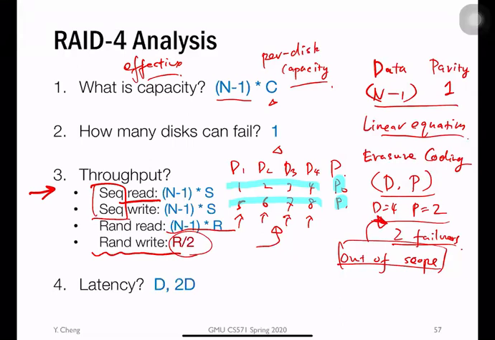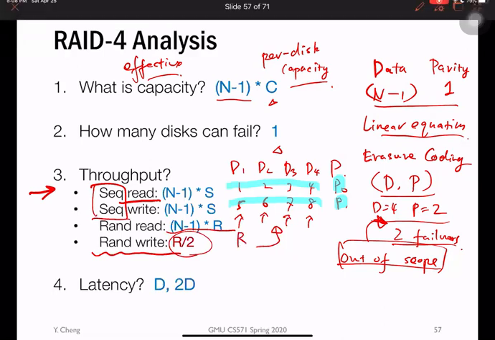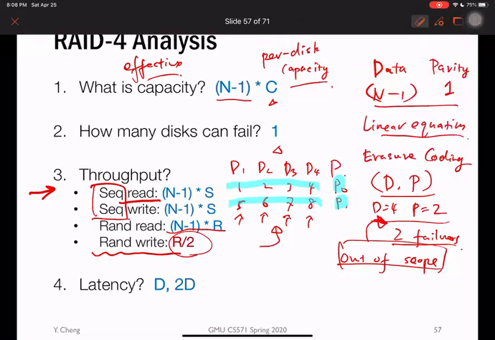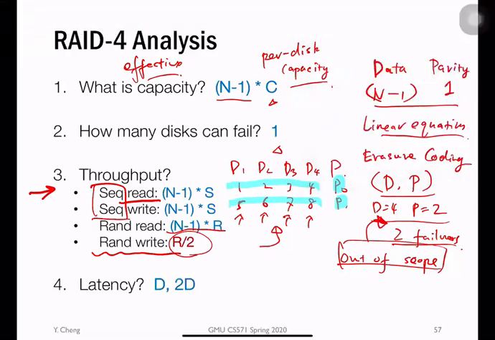But each random write, each logical write, gets translated into 2 physical writes. Why?